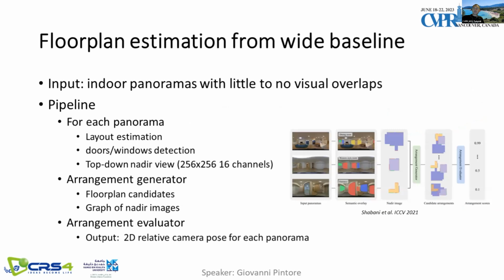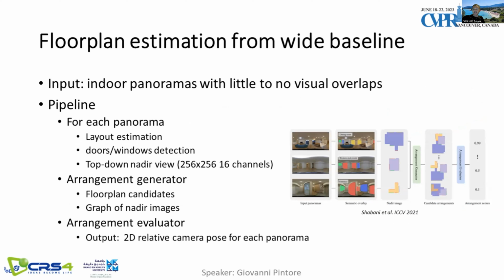Here we have an example of layout estimation, extreme structure from motion, where we have layout estimation, image registration, and multi-room floor plan arrangement in the same pipeline. It should be noted that in this case, structure from motion fails even aligning two images.